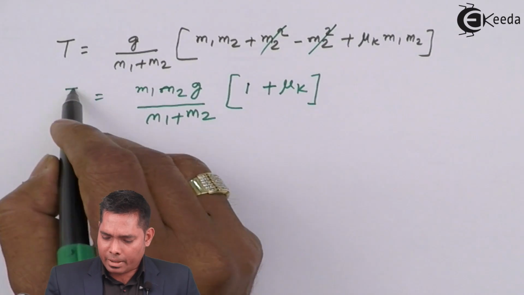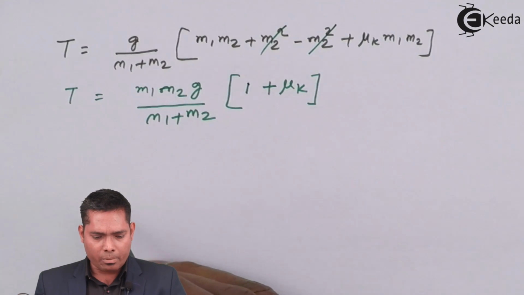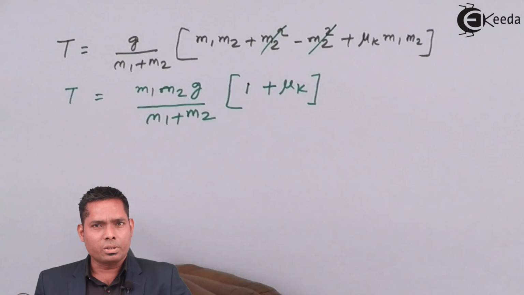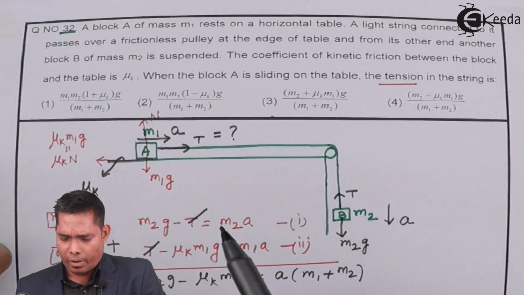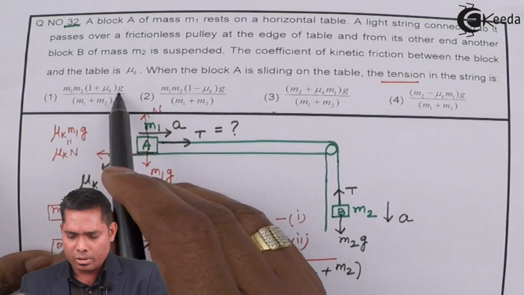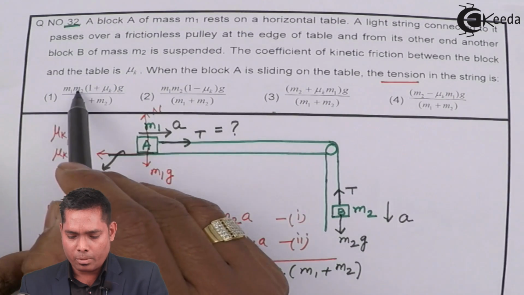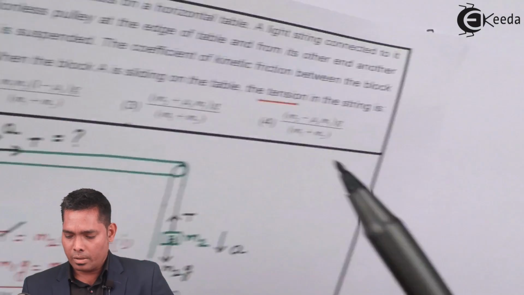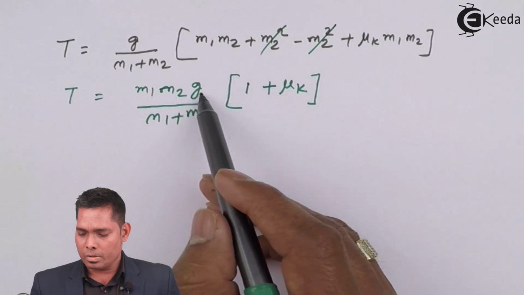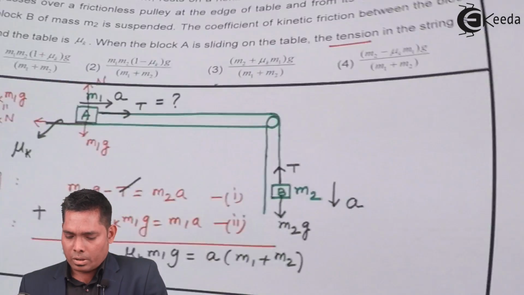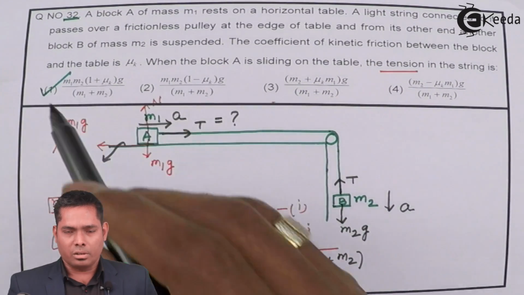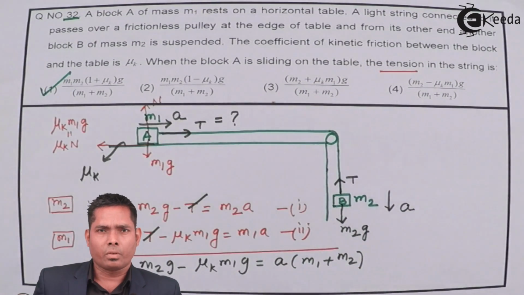So finally I am getting this expression, and I have to see which of these is correct. If I see this, this is the correct option. I'm getting m1 m2 g outside, 1 plus mu k. So this is the right answer to this question. Okay, thank you.